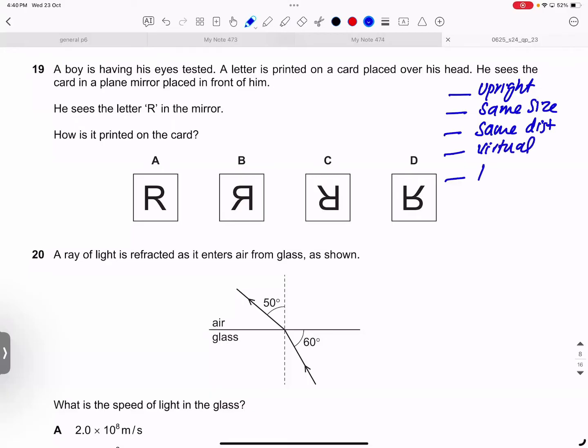And eventually it is laterally inverted. Laterally inverted means if the letter R is like this, the mirror image will be like this. Which option is laterally inverted? Option B.